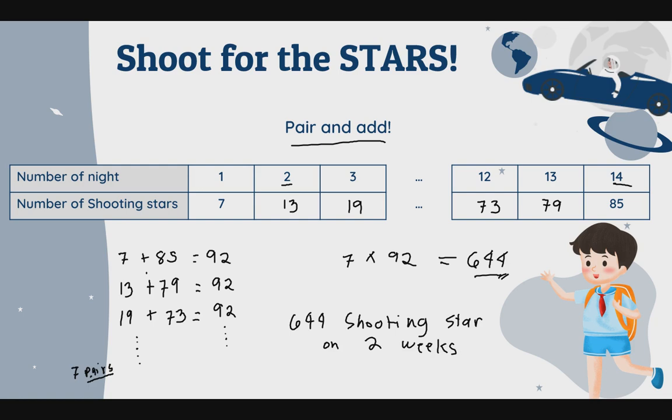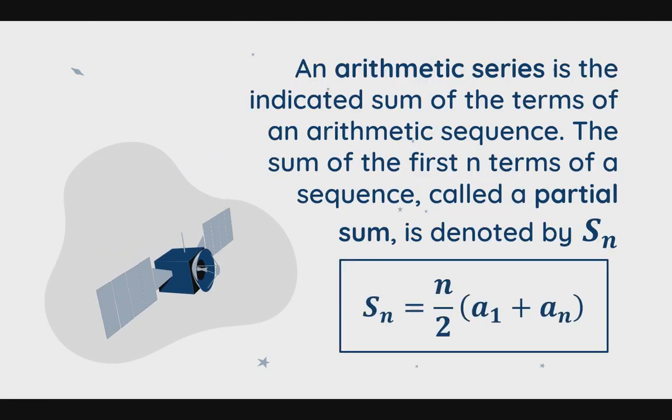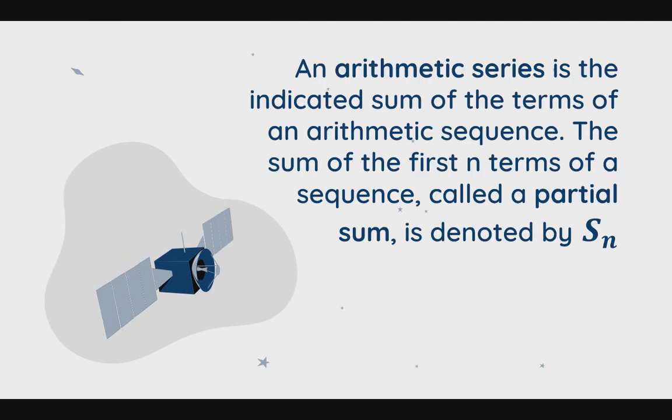Now, when we add terms of an arithmetic sequence, we come up with an arithmetic series. So an arithmetic series is the indicated sum of the terms of an arithmetic sequence.